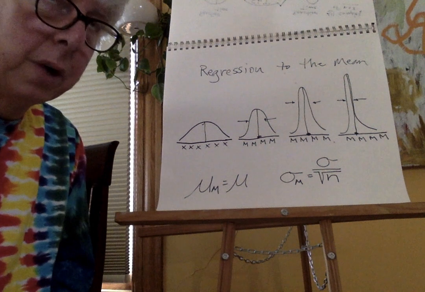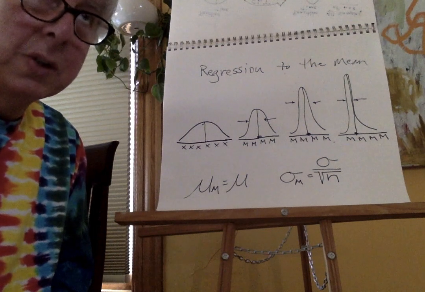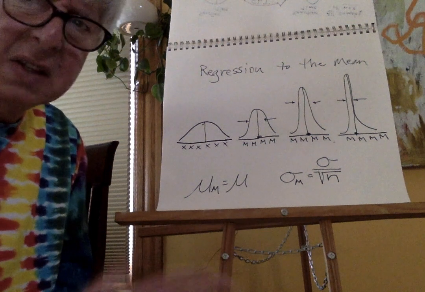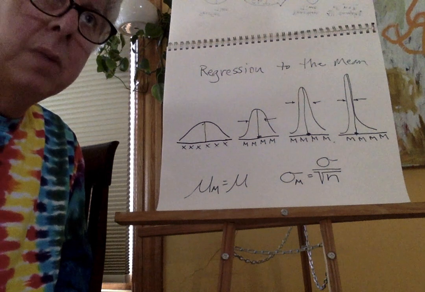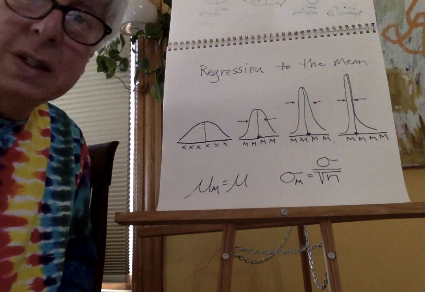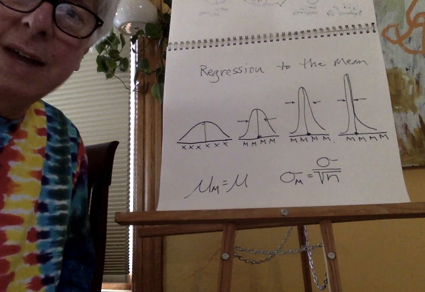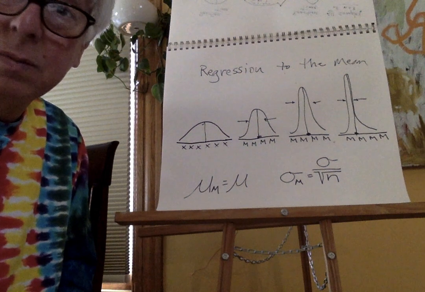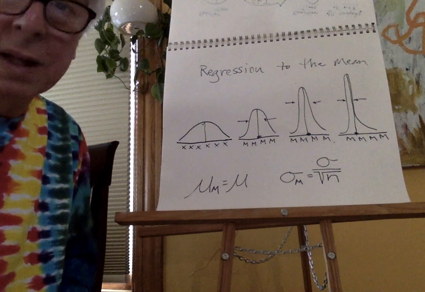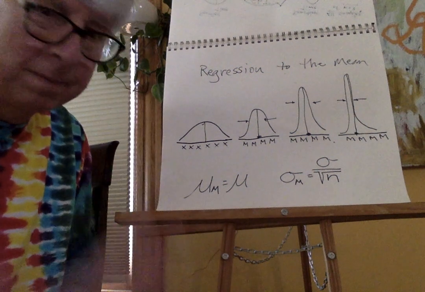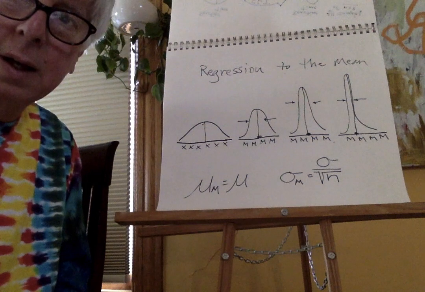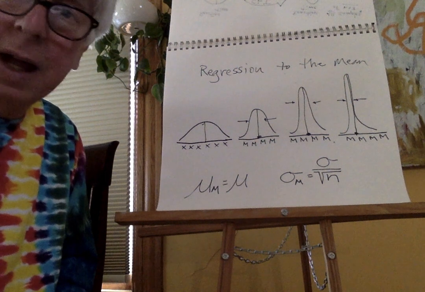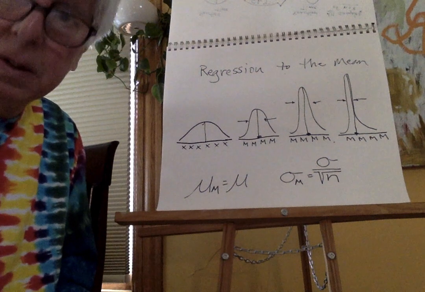If you're playing any kind of sport, you can have a really good game, the best game you ever had. But when I look at your season average, the season average is never going to be as good as your best game. If we go back to bowling, just because I know something about bowling, I could have the best game I've ever had, a 230.